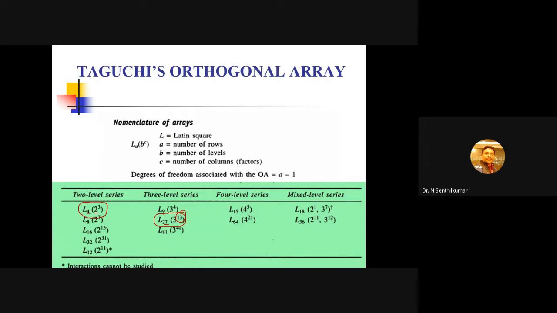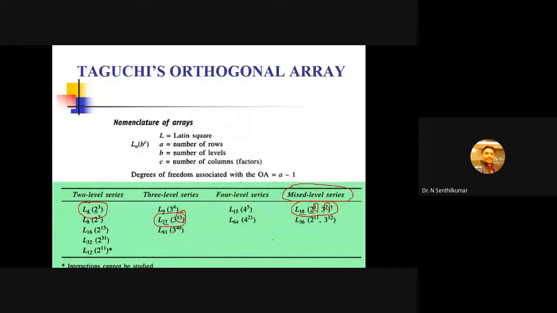Then it is called a mixed level design. Because one parameter I am going to vary by 2 levels, the second parameter I am going by 3 levels. So here you can see L18. So 18 sets of experiments in which one parameter can be varied through 2 levels, and 7 parameters can be varied through 3 levels.